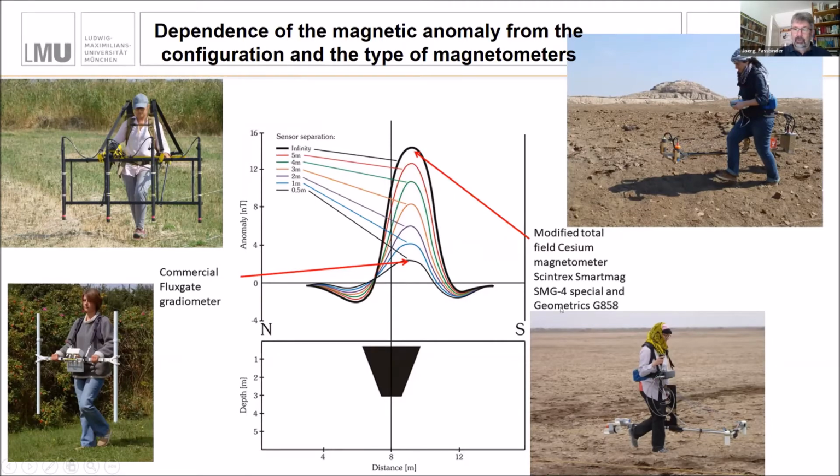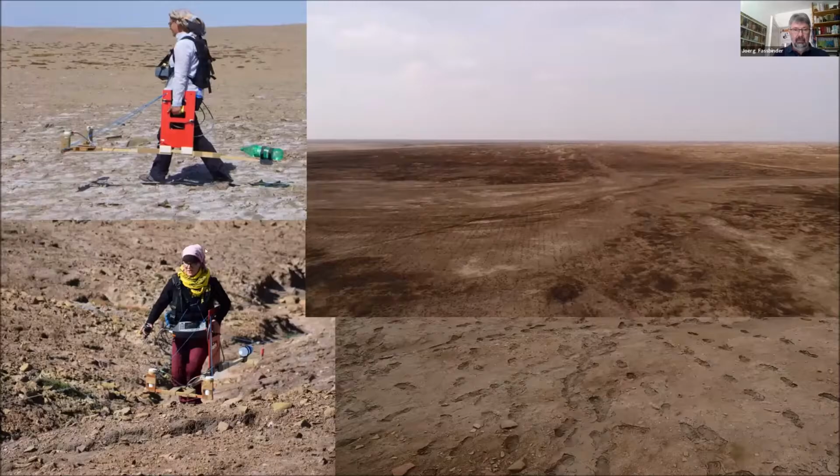At the same time, with the total field measurement, you have a signal of 16 nanotesla. That means you have a slightly deeper look beneath the ground. And this is very useful, especially when we talk about water features, paleo channels, and so on. We will see this in the next slides.